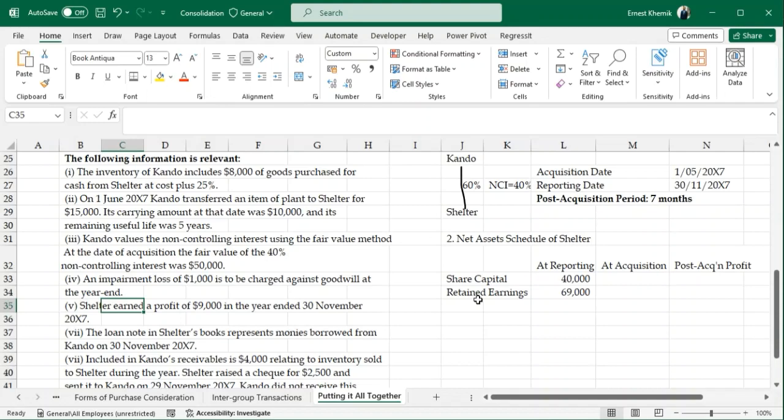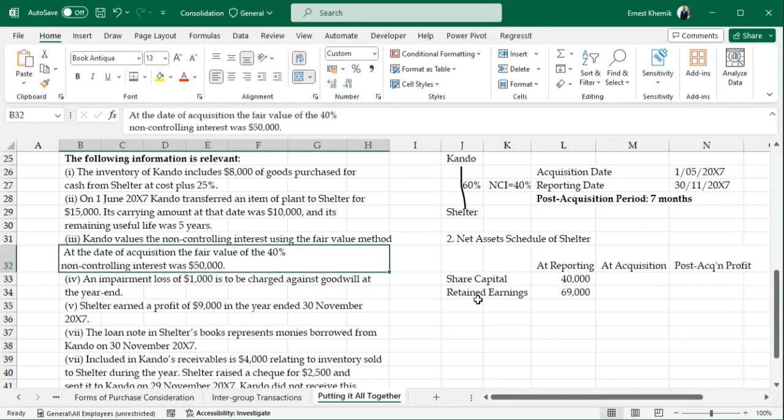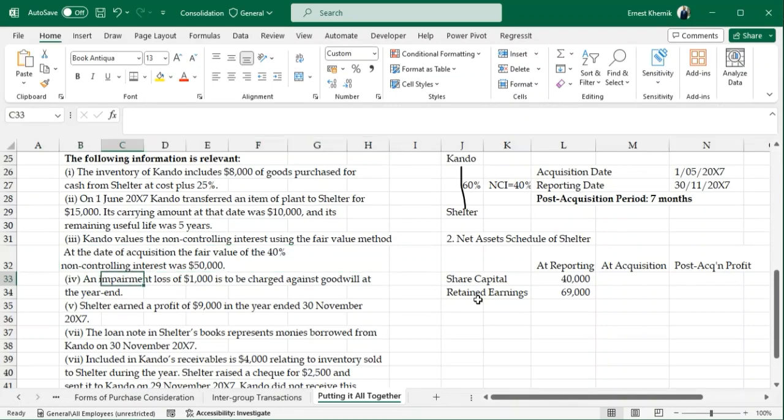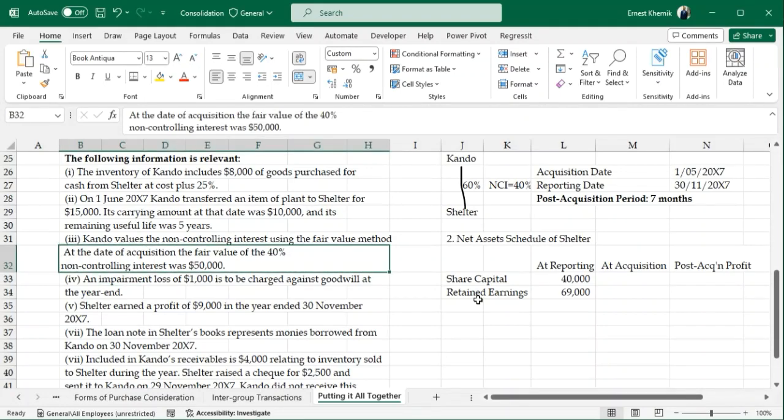As I said in my previous video, whenever the value is not given to you directly, what you do is take the number of shares allocated to the non-controlling interest and multiply that by the share price of each of the shares of the subsidiary at the date of acquisition. But here it has been given to us directly, so no hassle.